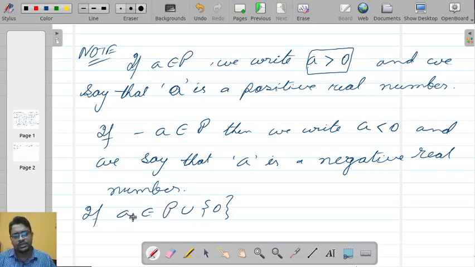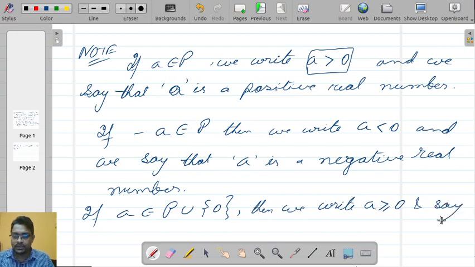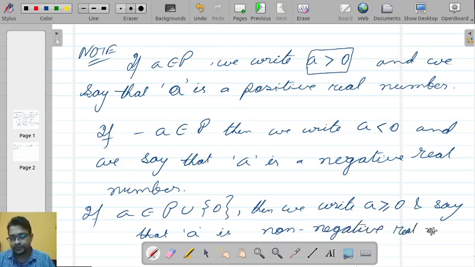So in that case A belongs to P union singleton 0, then we write A greater than or equal to 0, and say that A is non-negative. It's not negative. It's either 0 or positive. Okay, non-negative real number.